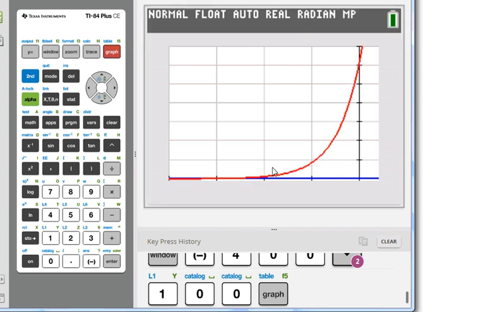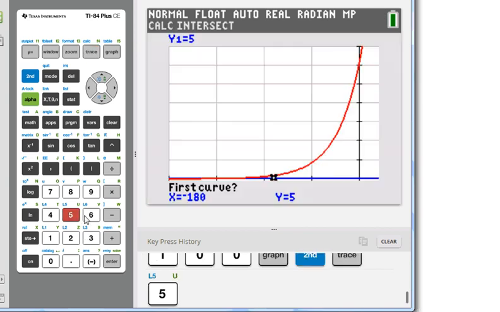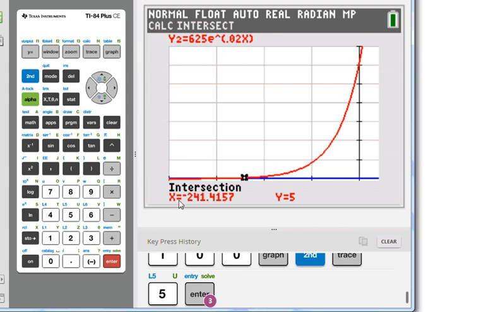I hope you can see that we have an intersection point somewhere over here on the left side of the y-axis. To find what that is, we can go to second, trace 5, enter, enter, enter. So we get x equals negative 241.4.